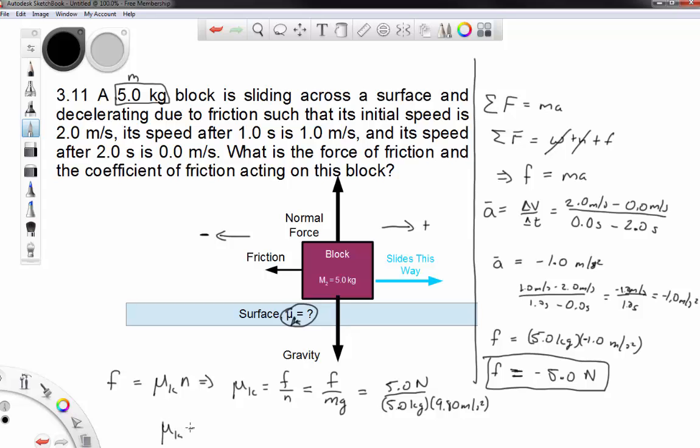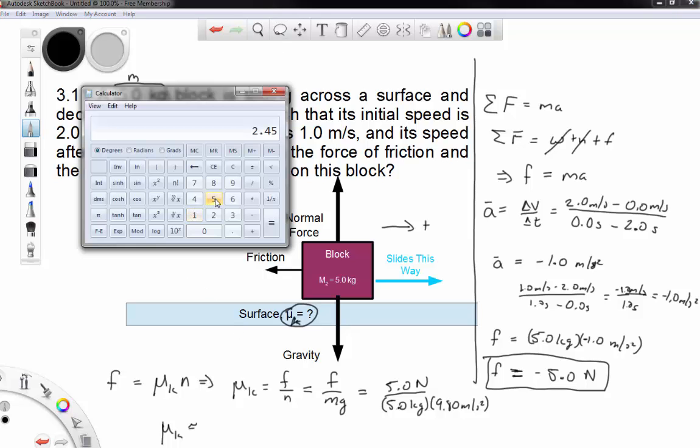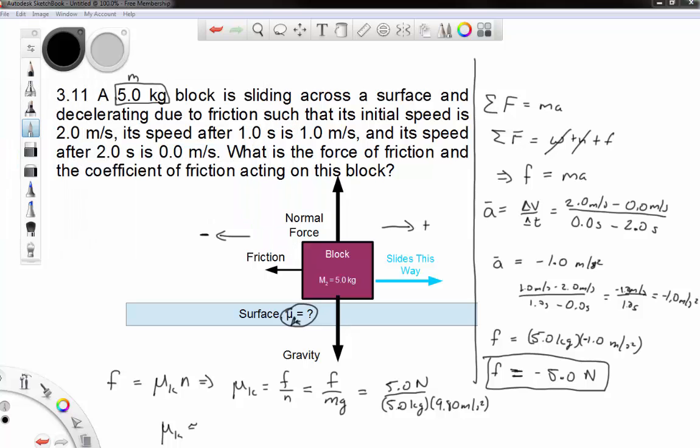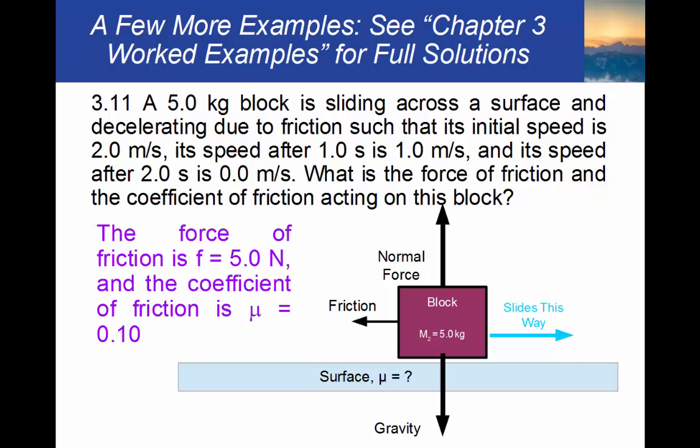And so this is going to give us a coefficient of friction of, let's do this, 5 divided by 9.8 divided by another 5, and that's 0.102. So I'm just going to write 0.102, and that is a unitless quantity. So we can box that, and now we've got our answer.